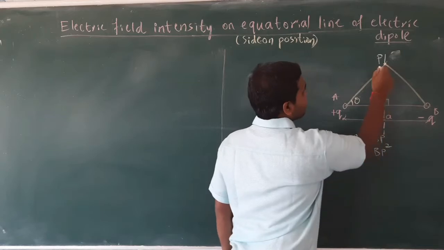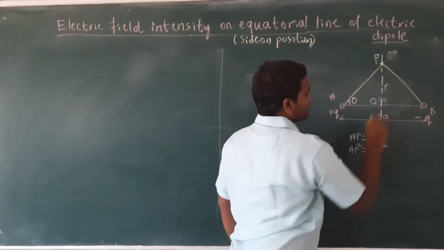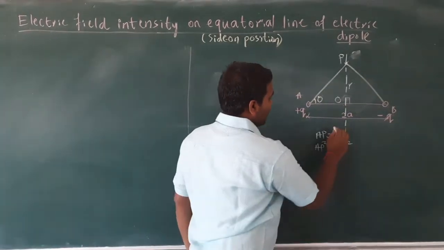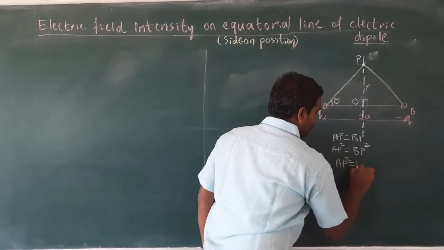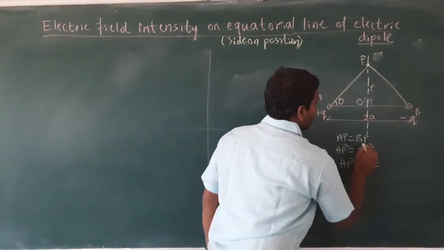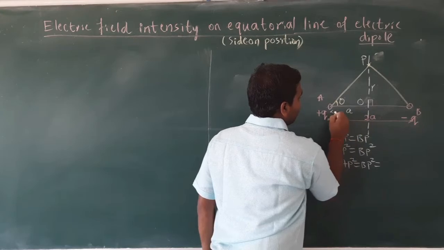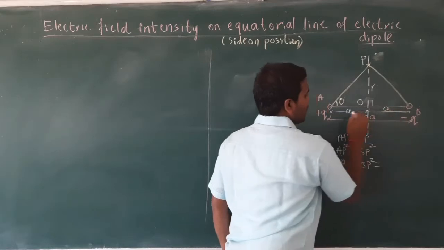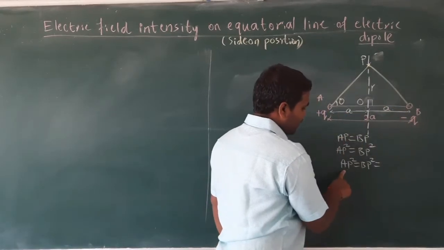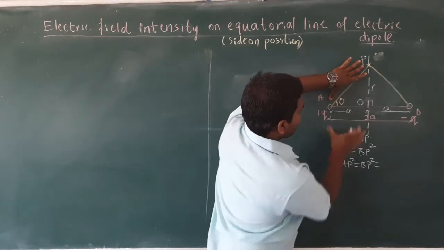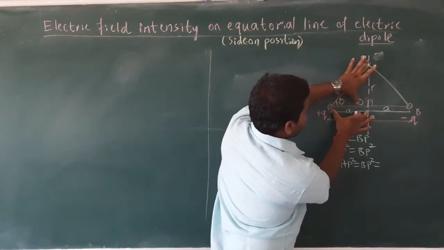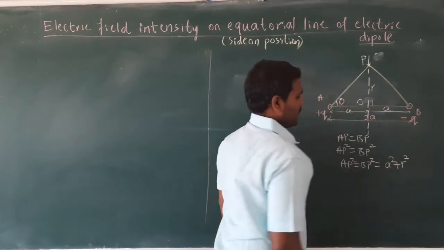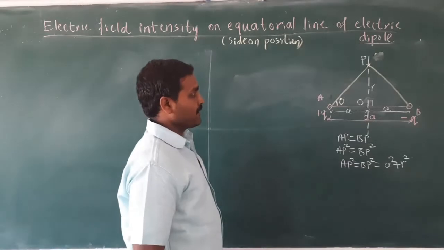Let us consider this point P is at a distance of R from midpoint O. From that I can write AP square is equal to BP square, and this distance is A, half of the dipole length, and this distance is also A. By using these values, I can write AP square is equal to AO square plus OP square, that is equal to A square plus R square. So this term we use in the derivation.